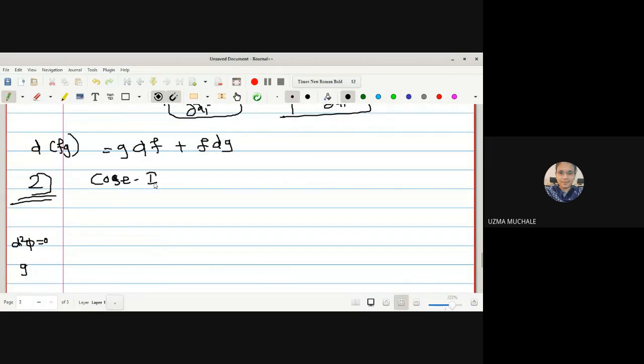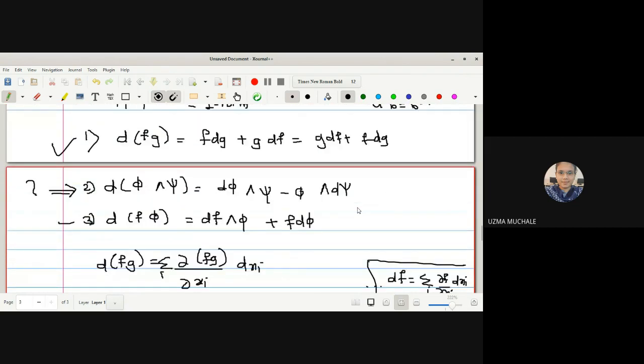In case 1, we consider phi as a one form that is a function of dx only, f dx, and psi as g dx. Because if I take psi as summation over i of gi dxi, it will again be a very big calculation, as you have to evaluate the wedge product of phi with psi and then the exterior derivative d.